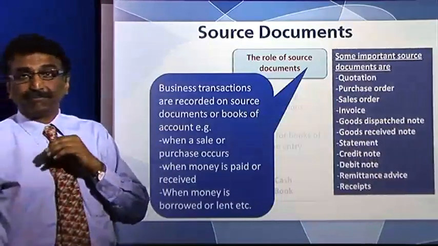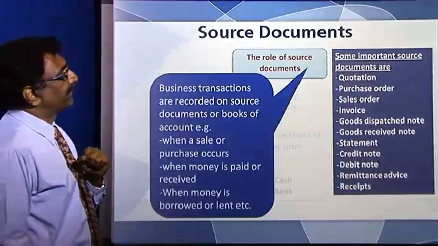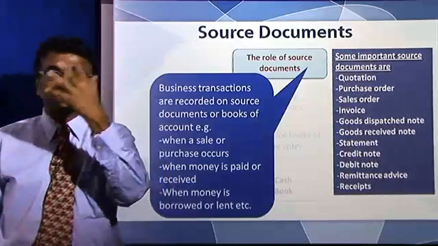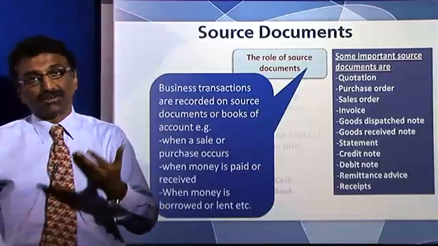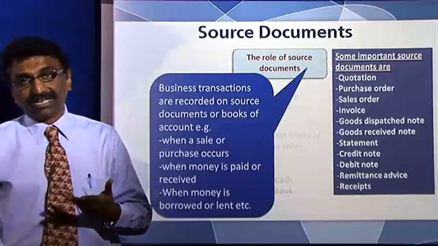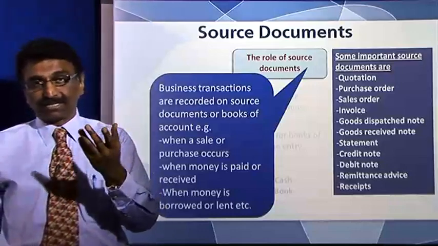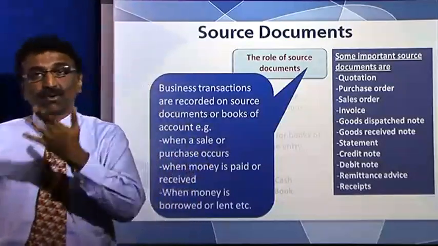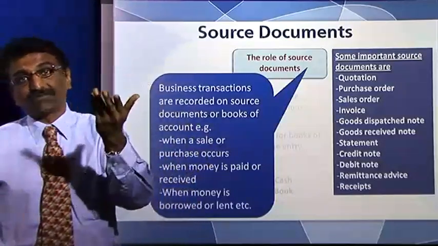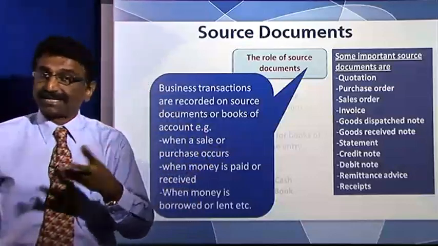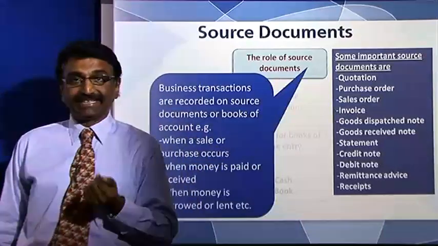The different important source documents start with the quotation, the first one. When as a business I am going to buy some product or raw material for my company, I normally don't buy from just one supplier. I go about asking the price from three or four suppliers. So what businesses normally do is ask for offers, the price and other terms and conditions at which suppliers are willing to supply.